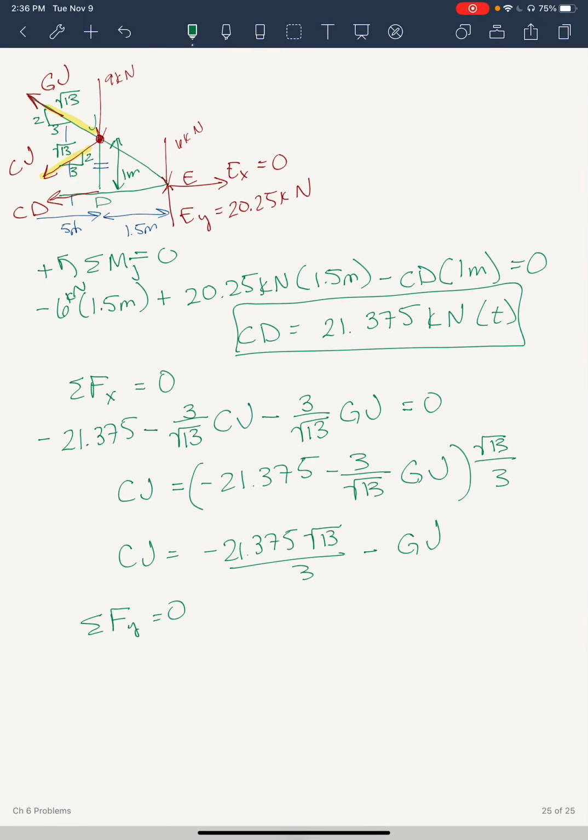And we get that y component of GJ, so that'll be 2 over the square root of 13 GJ minus CJ times that y component of CJ, so 2 over the square root of 13. And CD is in the x direction. We have minus 9, that's all on the y, minus 6, and then plus 20.25 equals 0.